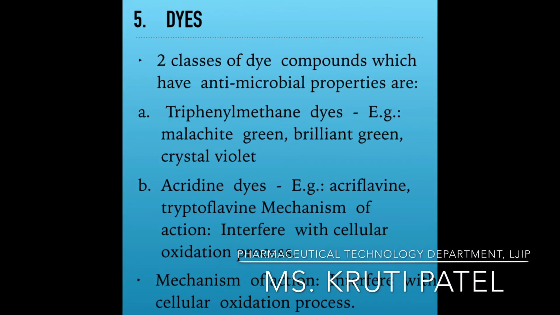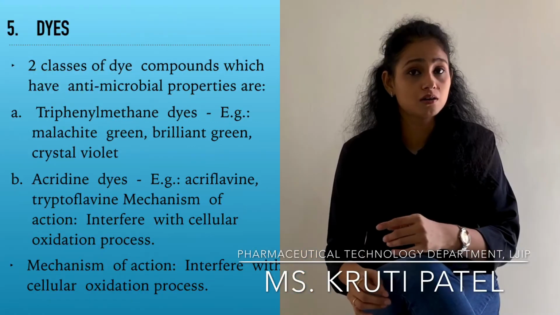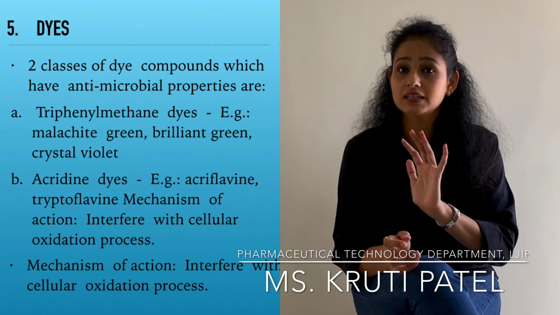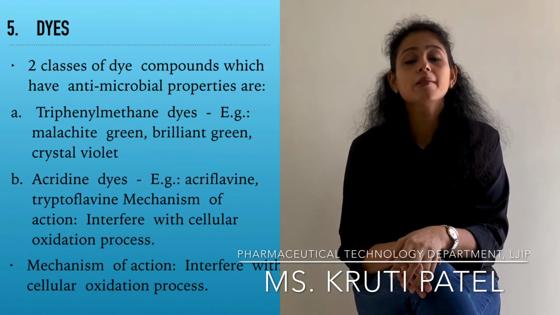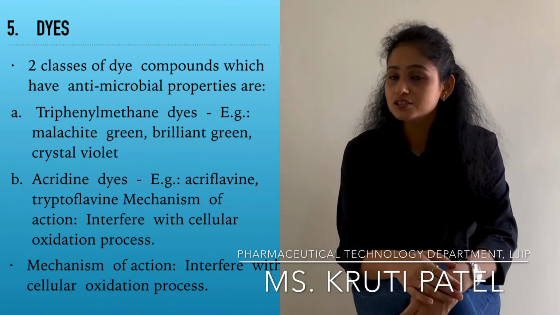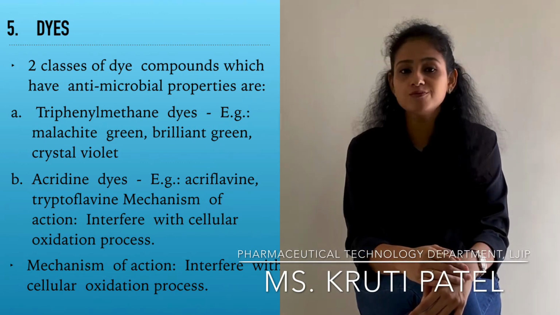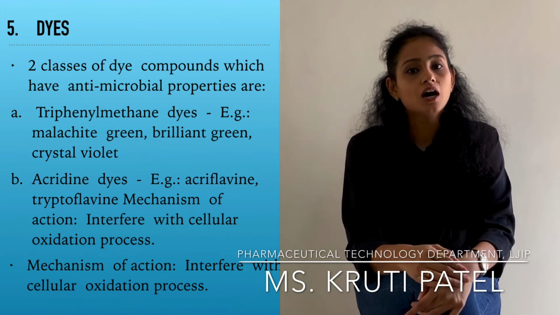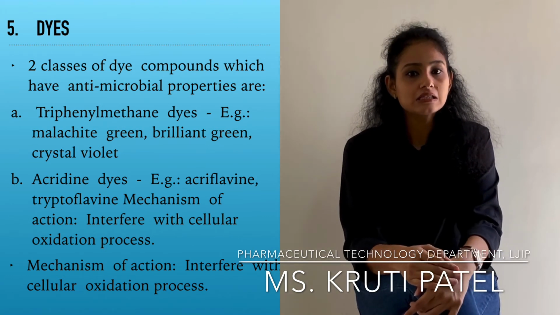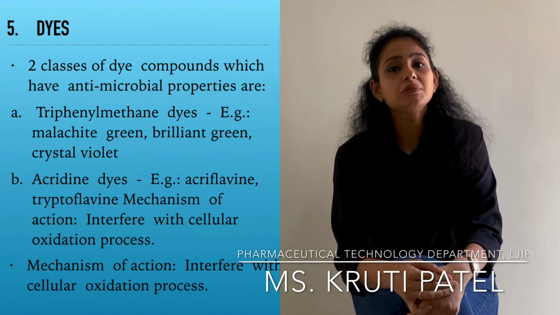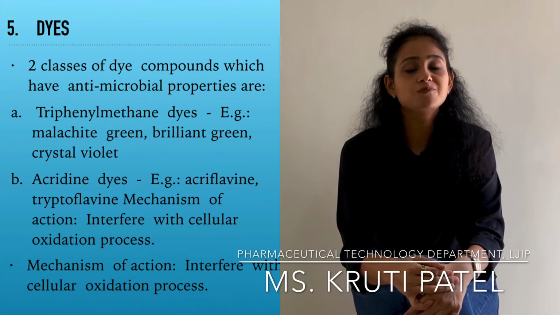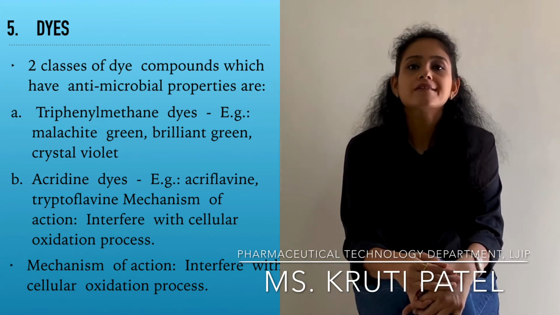Okay, moving ahead, the next class is dyes. Yes, dyes are a very good example of disinfectants that kill microorganisms very easily. There are two classes of dyes which kill microorganisms. First is triphenylmethane dyes, and second is acridine dyes. Triphenylmethane dyes include examples of malachite green, brilliant green and crystal violet.